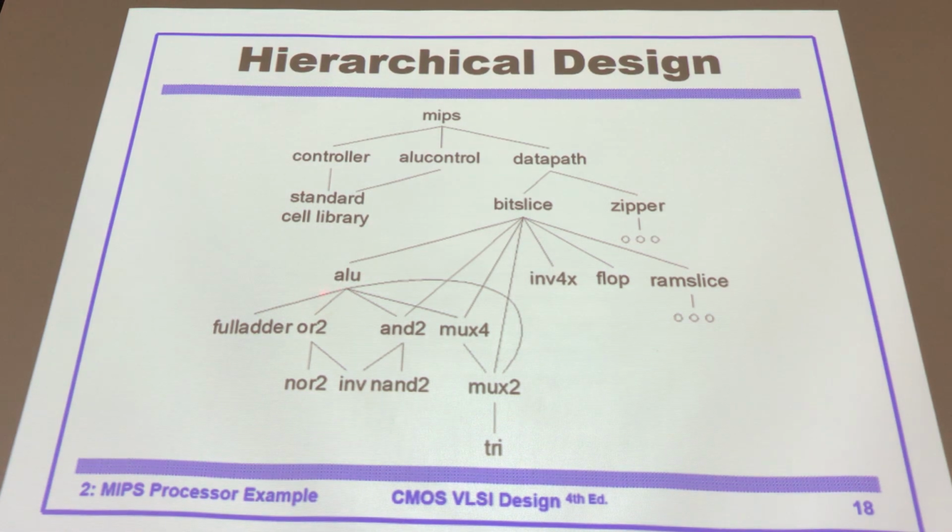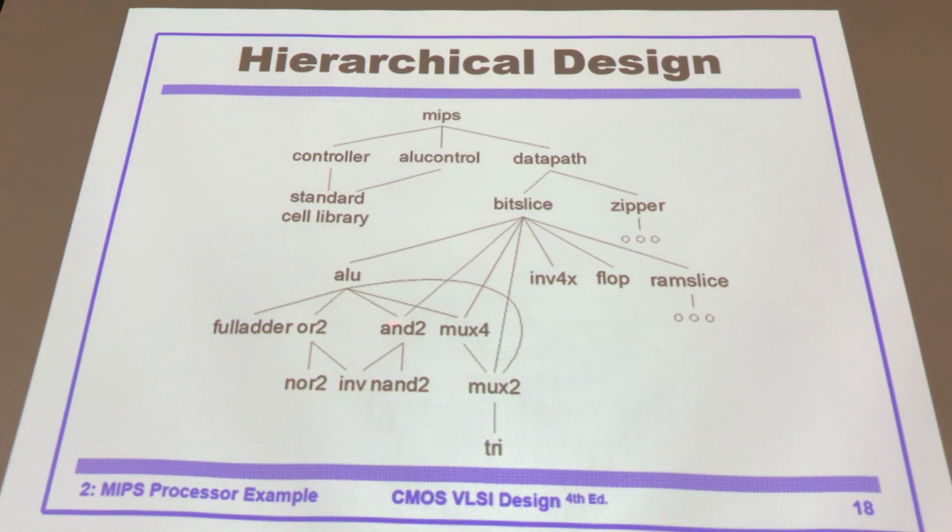But any kind of gate or flip-flop, you might need some even smaller components, like the adder, 1-bit adder, like OR gate, 2-input OR gate, 2-input AND gate, 4-input multiplexer, and so forth. And for the OR gate, it needs a 2-input NOR gate and an inverter.